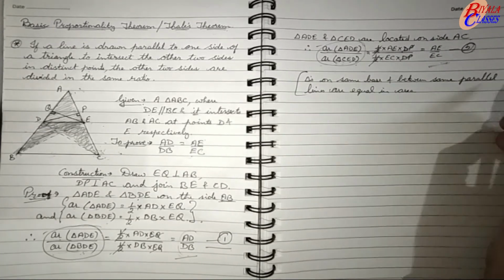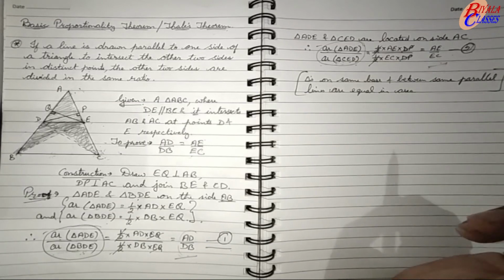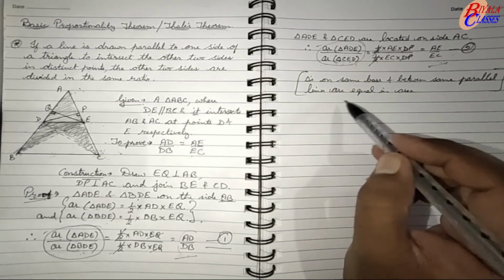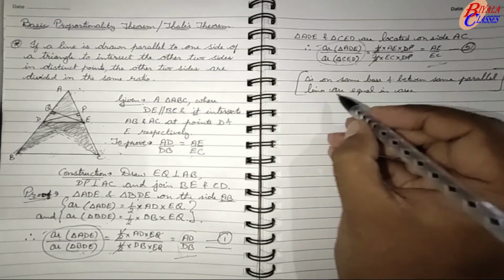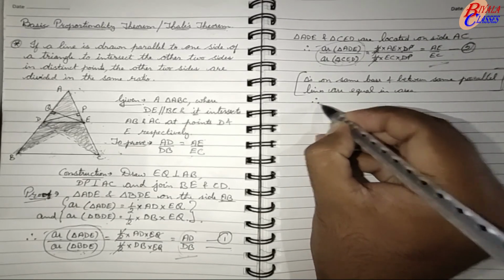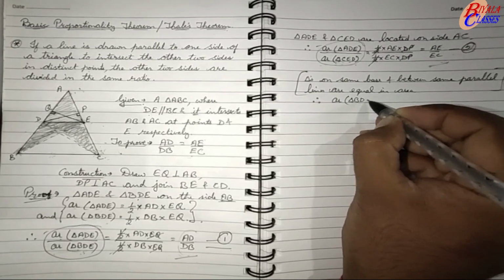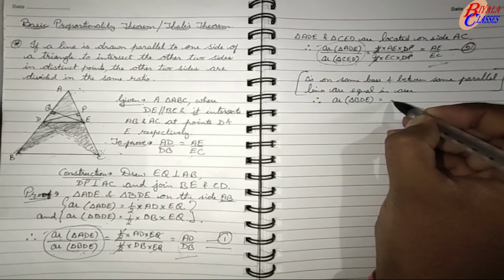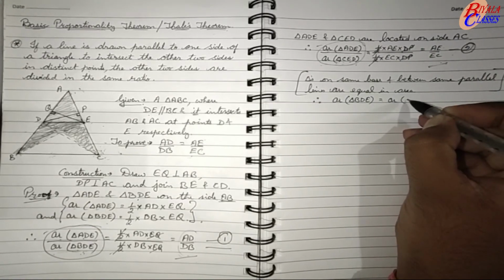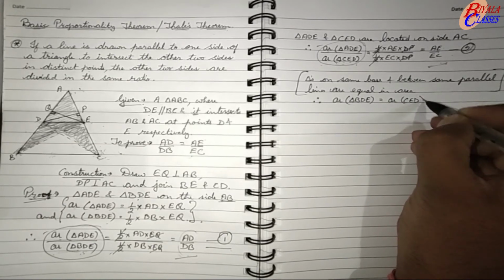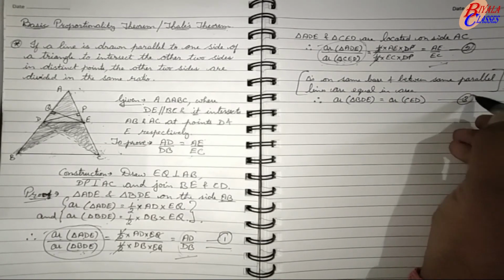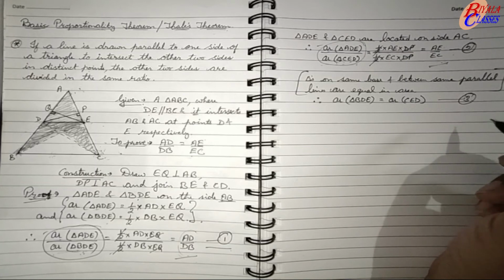So if there are two triangles which have the same base and which lie between the same parallel lines, their areas are equal. Therefore, we can say that area of triangle BDE is equal to area of triangle CED. Let's consider this as equation number 3.